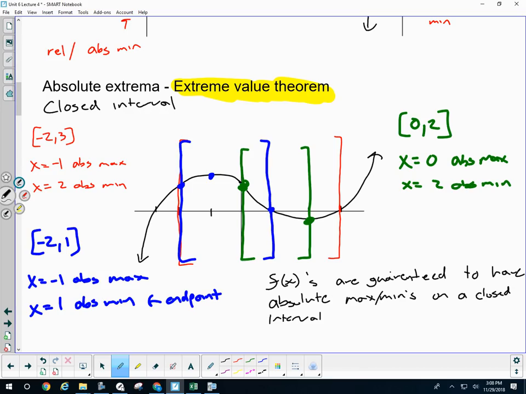They're consistent with all of our three situations we looked at. Absolute maxes and mins on a closed interval are either where? Endpoints or relative maxes and mins. Okay? That's the extreme value theorem.